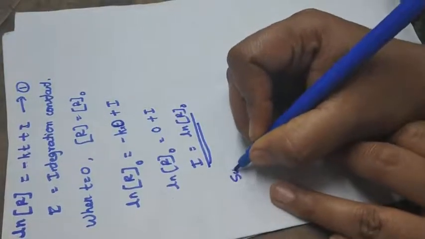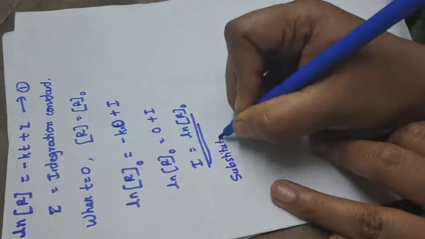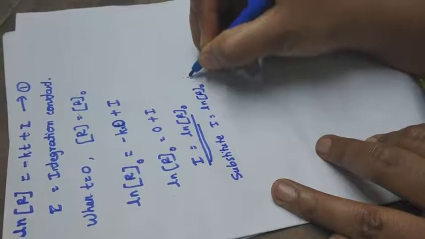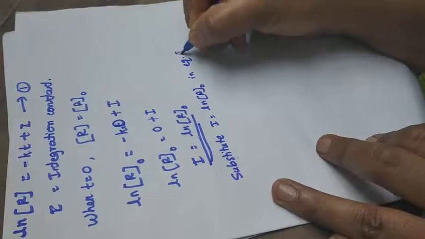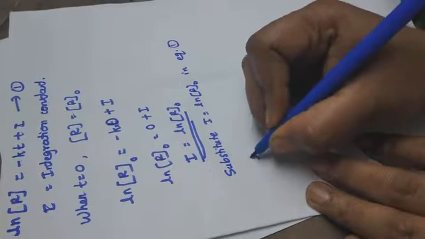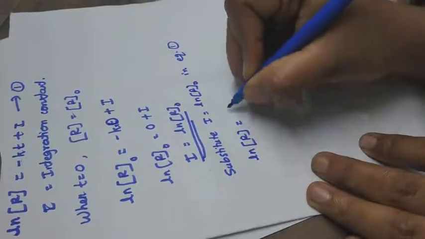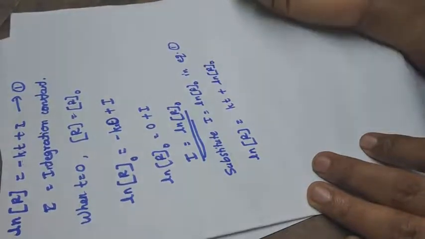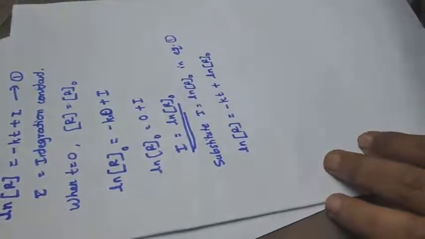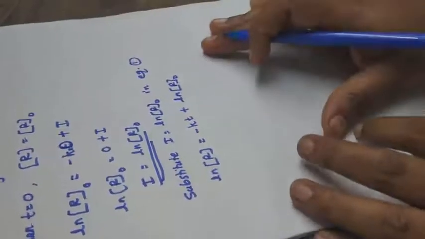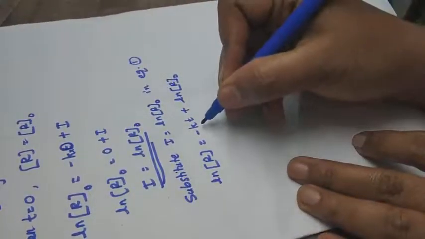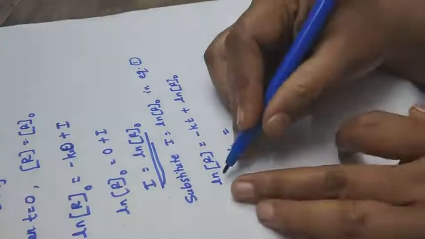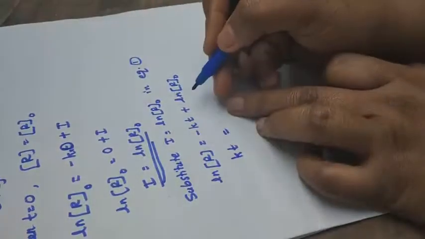Okay, so now we have to substitute this value in equation 1. Substitute I equal to ln R naught in equation 1. Okay, so now ln R equal to minus kt plus ln R naught. So next we have to rearrange the equation. Take kt to the left side, kt equal to, so when this goes to the other side it will be negative.